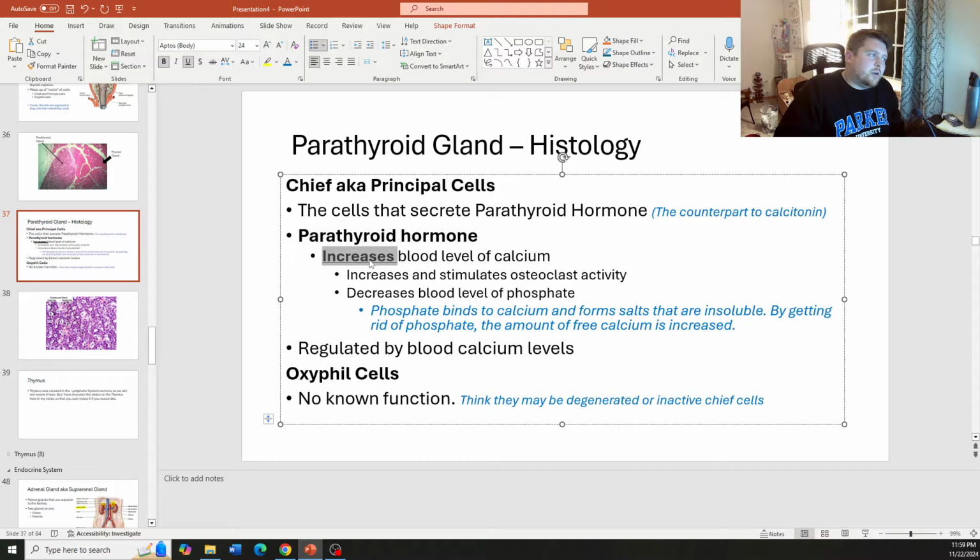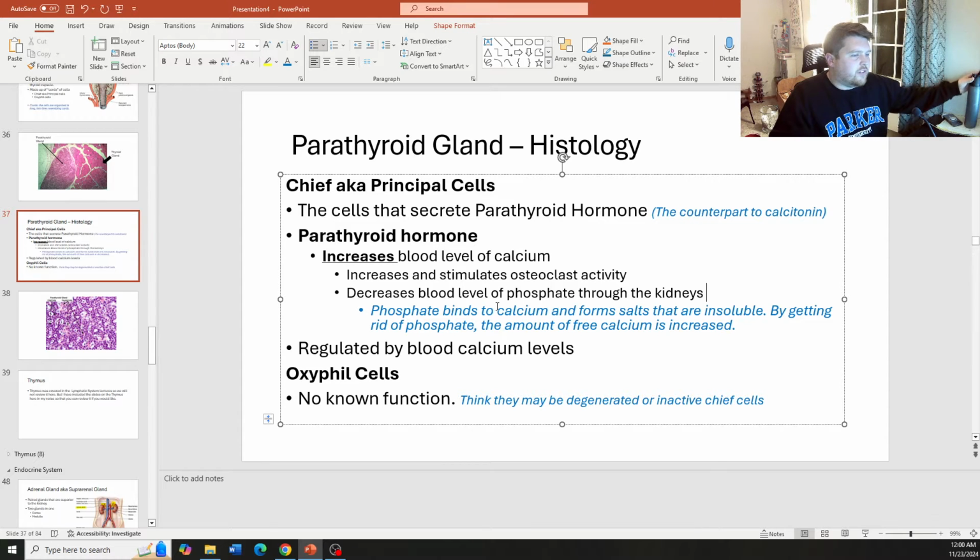So calcitonin from the thyroid decreases blood calcium, parathyroid increases blood calcium. And it does the opposite things. It increases the number and stimulates osteoclast activities. Calcitonin inhibited those. And then parathyroid is also going to decrease the blood level of phosphate through the kidneys. It's going to tell the kidneys to dump phosphate.